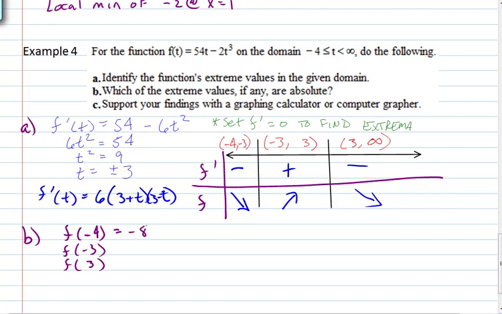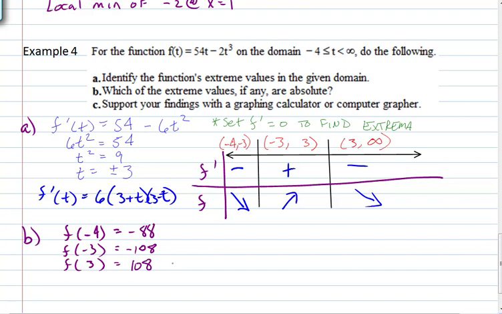Replace t with -3. And with +3. Alright. Do we have an absolute minimum?